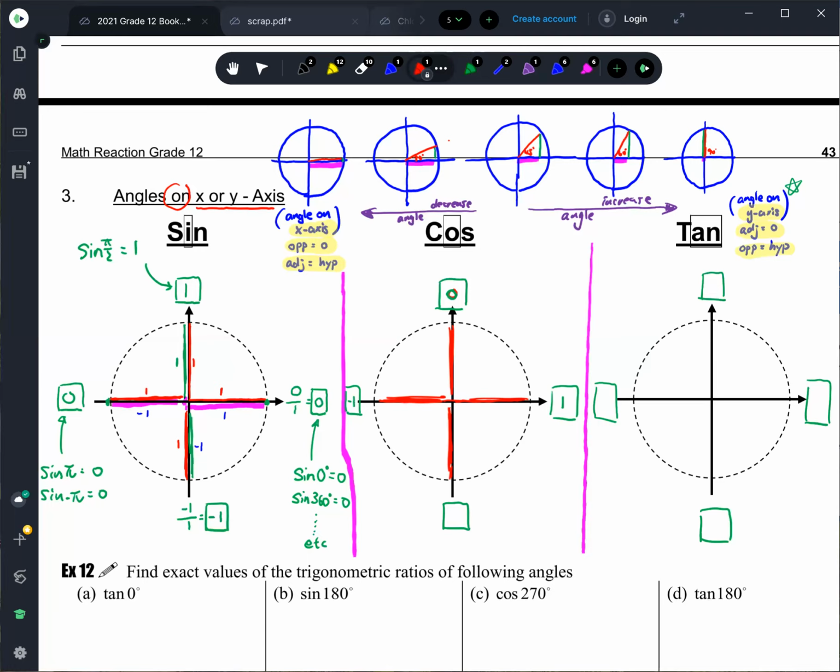Okay, Daniel, what's your answer for cosine of 270 degree? 0, because it is 0 over -1. Yeah, 0 over 1, okay? Not -1. -1 is for the opposite. We are doing adjacent over hypotenuse. Hypotenuse is always 1. So 0 over 1 gives you 0.